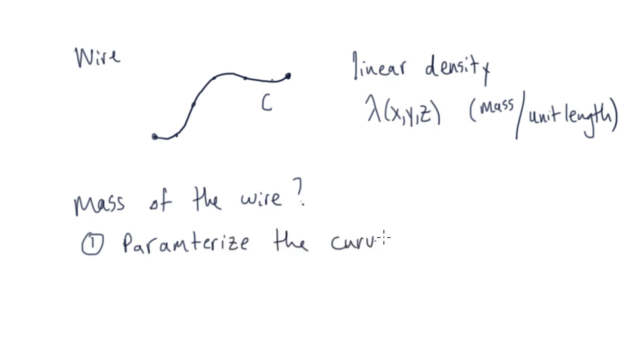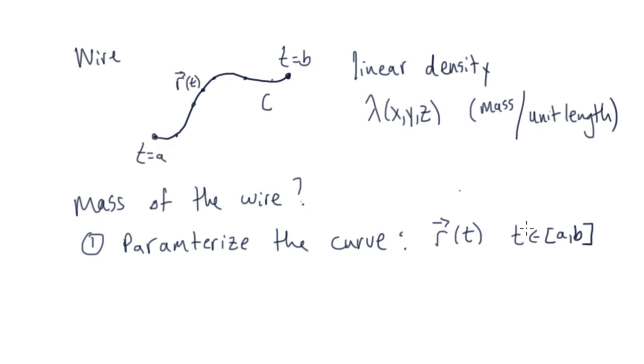Well, I want to give a vector valued function, r of t, for t between, say, a and b, that traces out this curve. So this is t equals a down here, and this is t equals b. And then, for any time in between, this will be r of t.